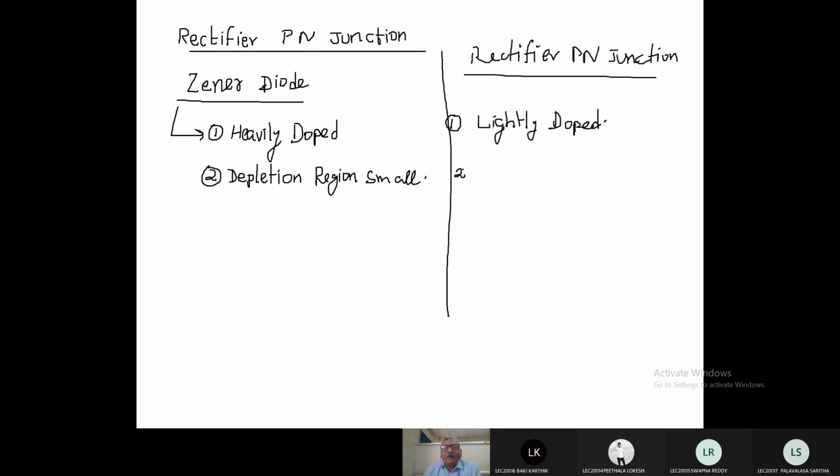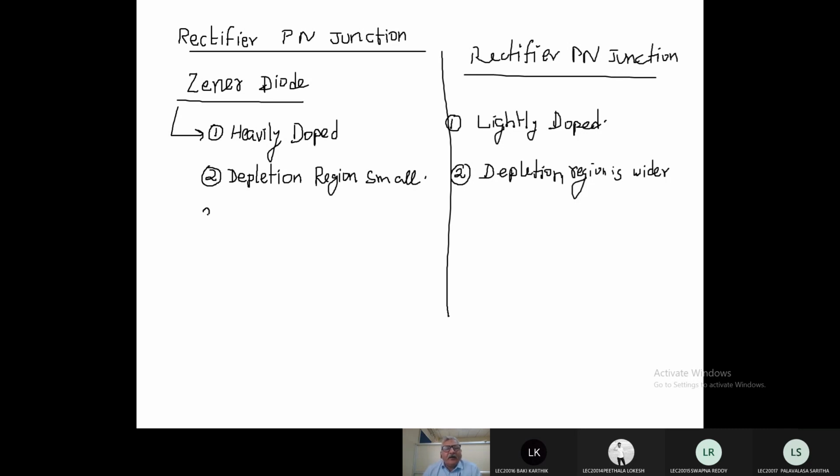And if it is lightly doped, then the consequence is that the depletion region is wider. Why is it wider? Because it is lightly doped. If it is lightly doped, then more space will be covered for the recombination. That's why the depletion region formed is wide.